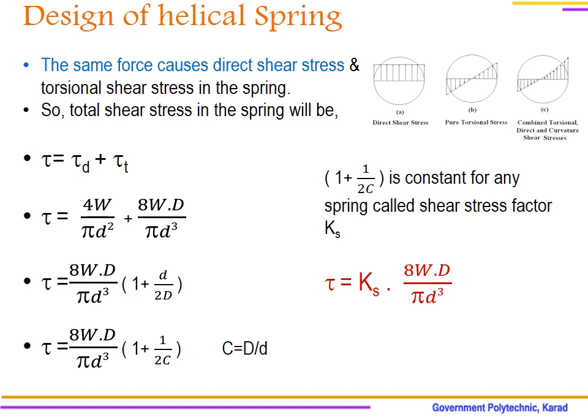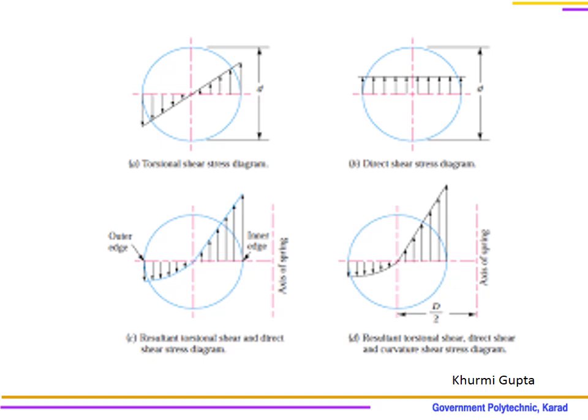So if the spring material is, say, high carbon steel or alloy steel, from that particular material I will select its limiting strength, that is the yield point strength, multiplied by the factor of safety will be this tau.